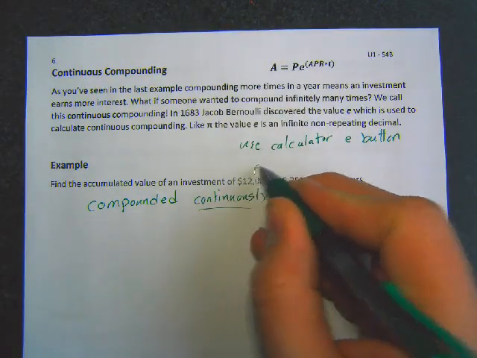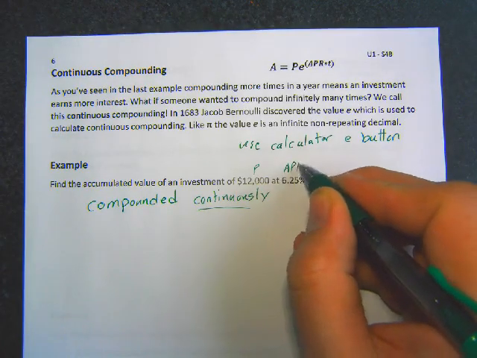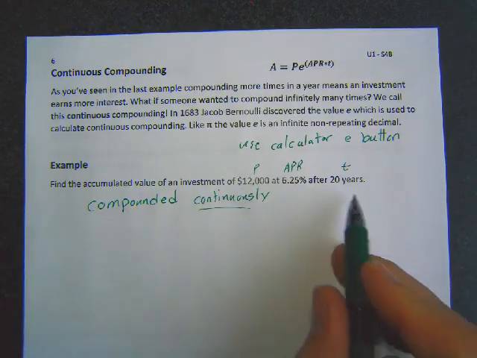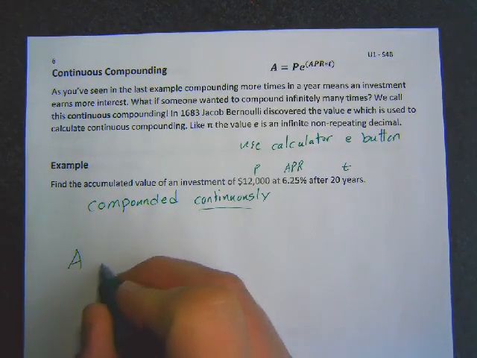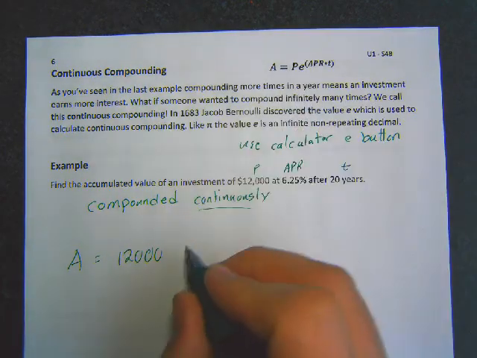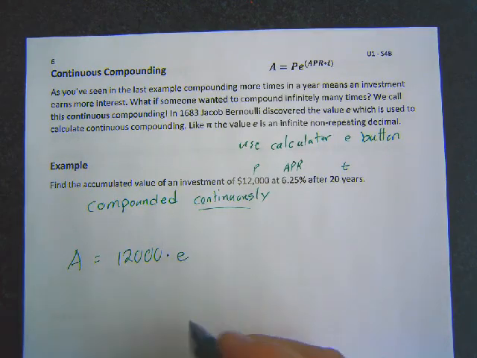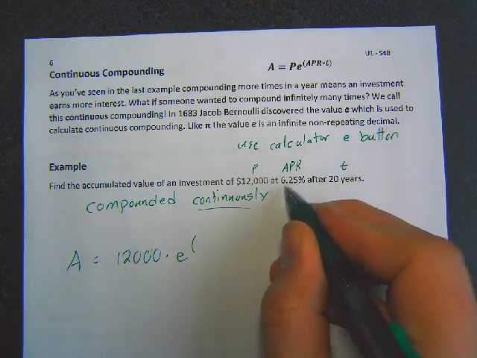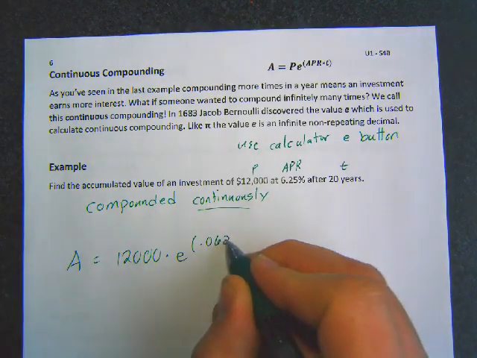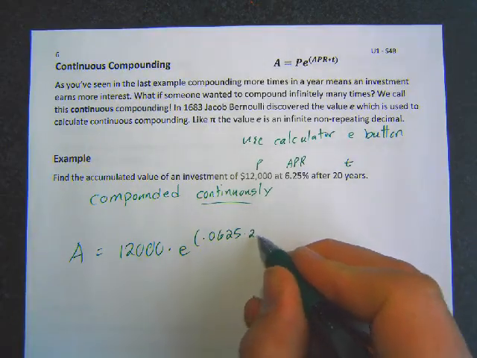Our principal will be the 12,000, our APR is going to be the 6.25%, and the 20 years is going to be our time. So using that, we can get the formula filled in. So our principal, 12,000. And P next to E means multiplication, so it's actually 12,000 times E, again that's going to be a button on our calculator, to the power of APR 6.25%, with the decimal two spots to get 0.0625, I always get the decimal form, and then times 20 years.